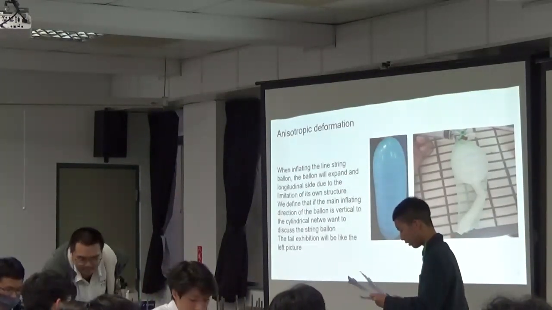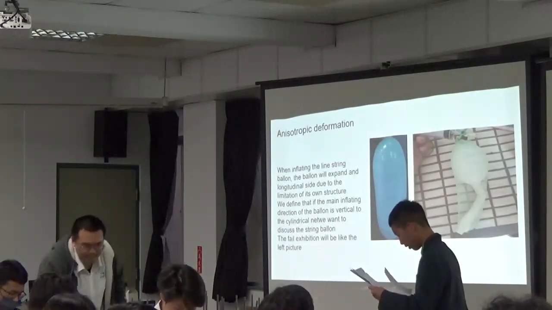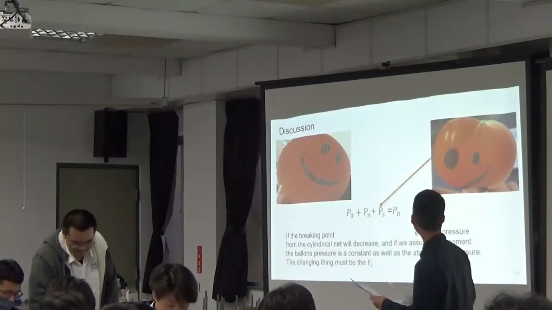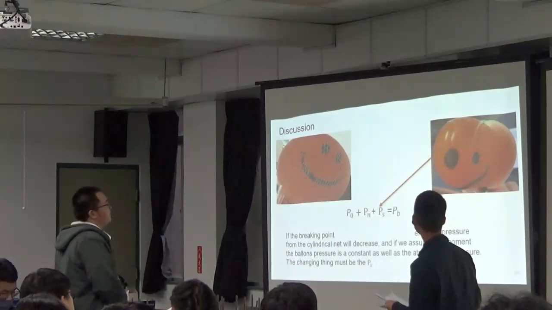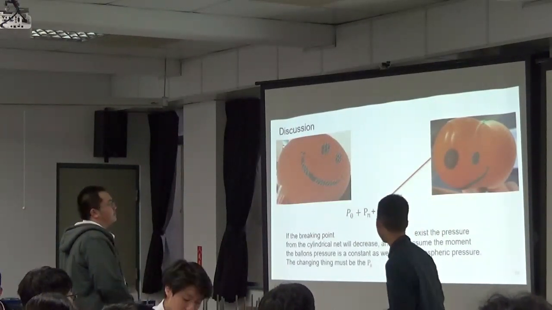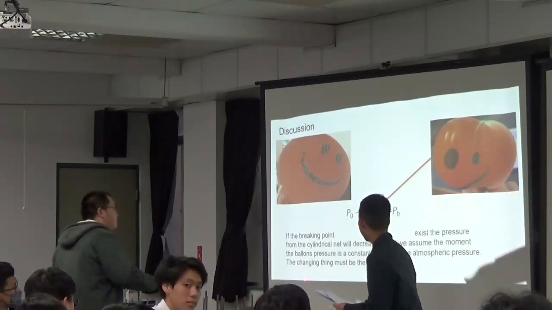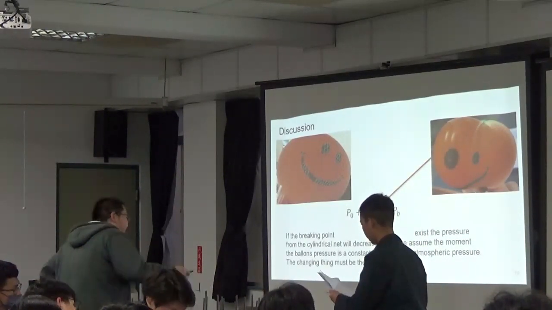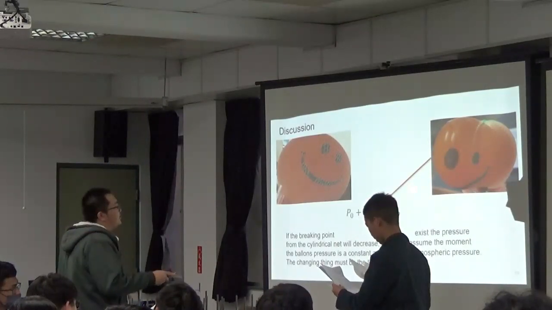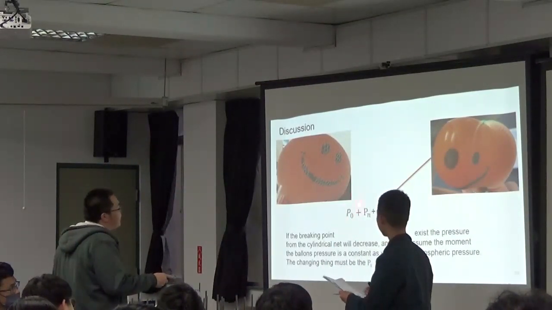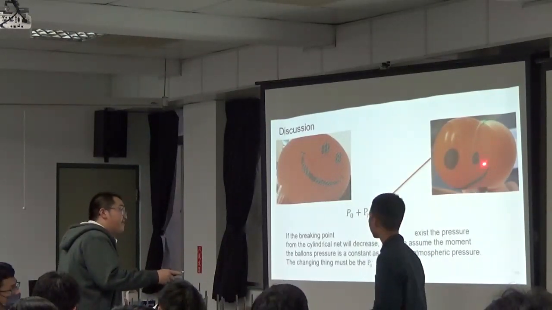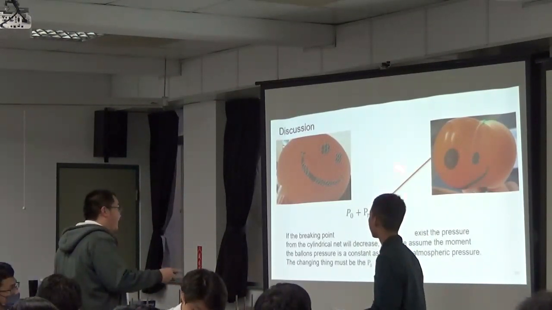Can you turn to page 19? So what you are saying is, can you explain it again? Okay. So this is the reason I use the sentence. In here, the pressure from the atmosphere is fixed, and if we inject a certain amount of air inside, the balloon's pressure should also be fixed.